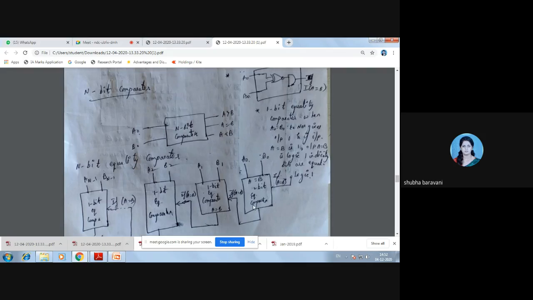The output that comes here is A is equal to B. That output I'll give as input to the second one bit comparator. If this bit is low, then this will not be high. So this has to be 1. This is A is equal to B. Hope I am clear. Yes, ma'am.